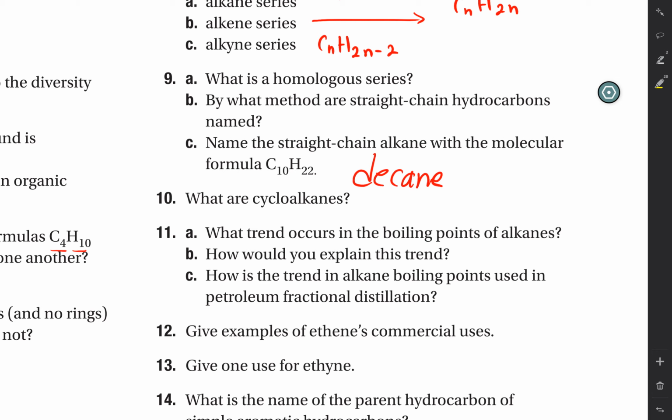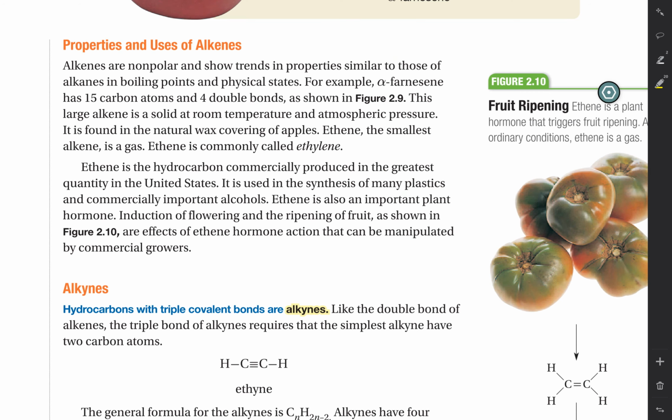Question number 12. Give examples of ethane's commercial uses. So one of the famous examples of ethane is we use it as a hormone for the fruit ripening. The commercial use of the ethane is written here in the textbook.